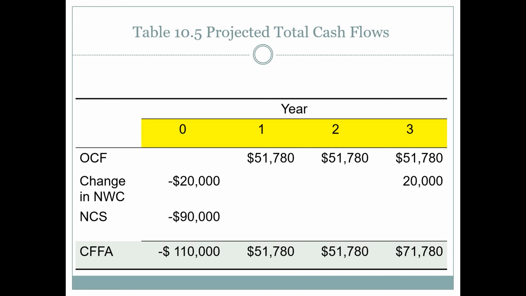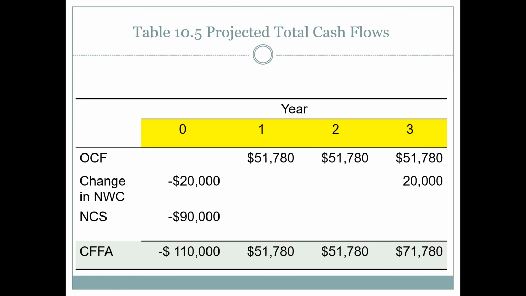And then in the remaining years, I have operating cash flow that's the same in all 3 years, because I don't project any differences, of $51,780. And then I subtract any new investment in working capital and any new investment in capital spending. And I don't make any new investments in either of those for the life of the project.